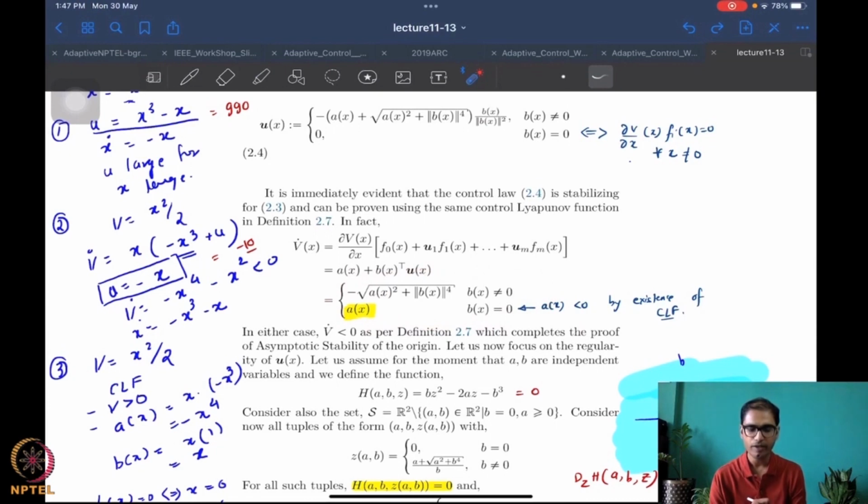You know very well that A(x) is negative by existence of the CLF, and this quantity is also negative. So in both cases, whether B is 0 or non-zero, you have a negative quantity. Therefore V dot is negative definite, and you have asymptotic stability by standard Lyapunov theorems.